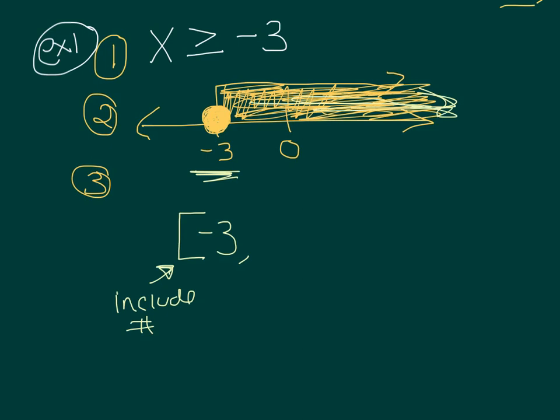Hopefully you all think it's positive infinity, and you don't need the positive sign there. So it's going to go from -3 all the way to infinity. And again, because infinity is just a concept, you could never actually include that as a number. You're going to use parentheses, which means don't include. And that's the 3 ways you can represent x is greater than or equal to -3.